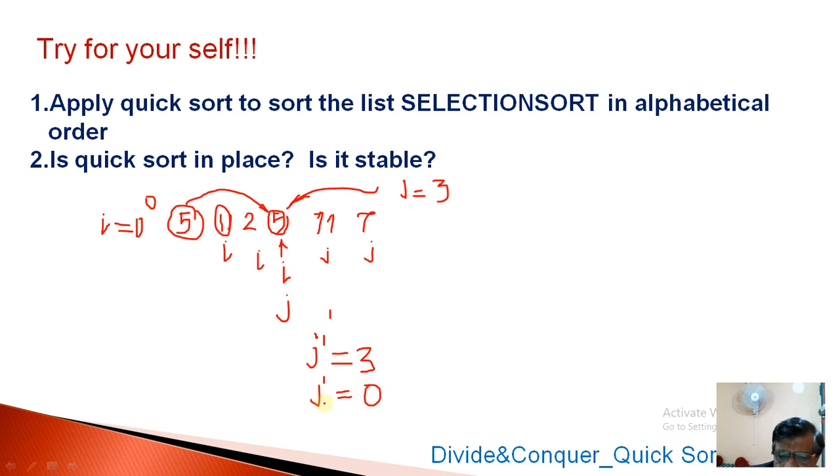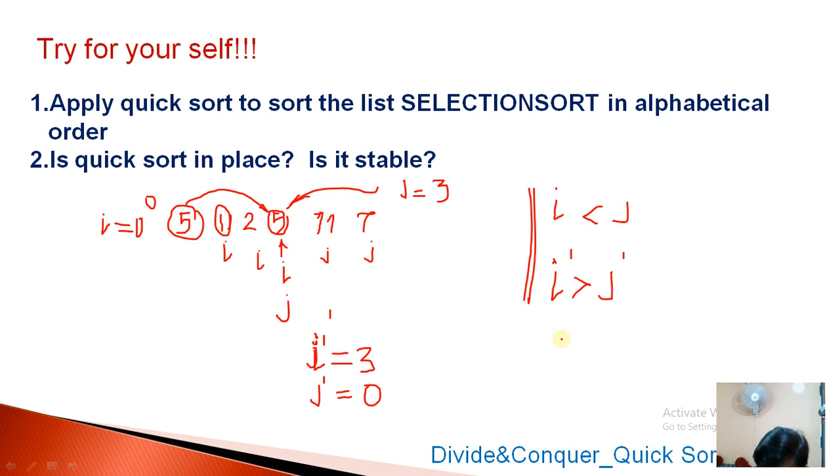So j dash becomes lesser than i dash, that is, i dash becomes greater than j dash after sorting, whereas before sorting i was lesser than j. Therefore the relative position of equal valued elements doesn't remain the same as far as quicksort is concerned. Therefore, quicksort is unstable.